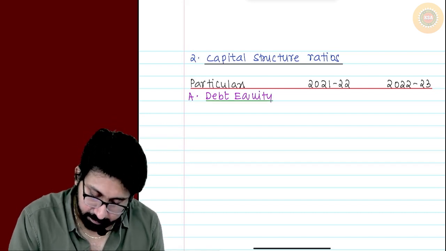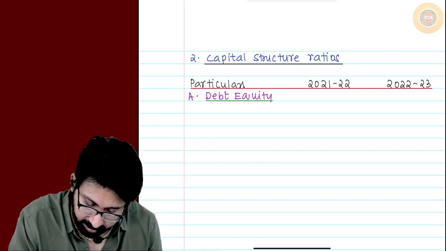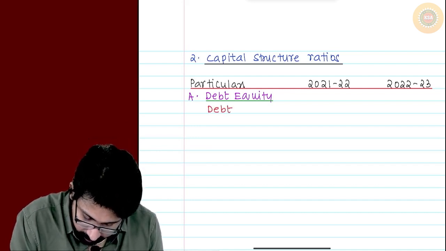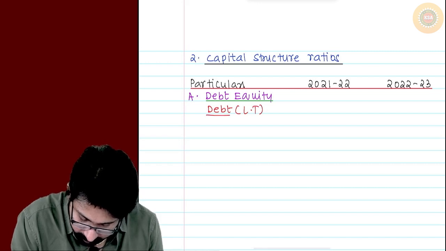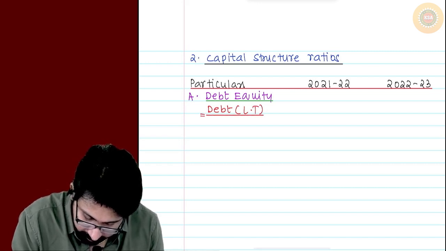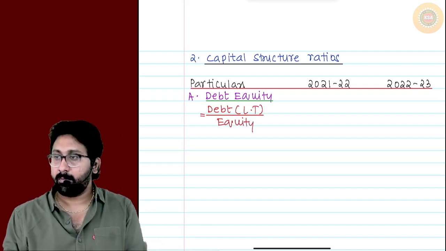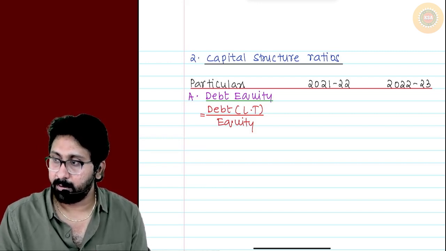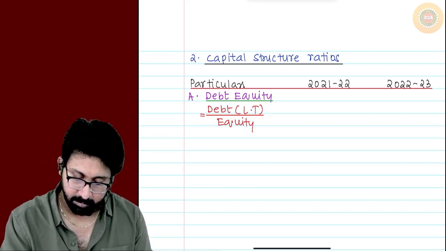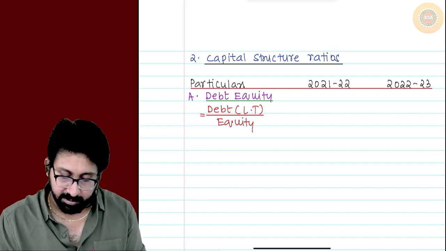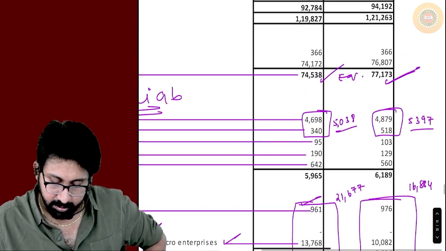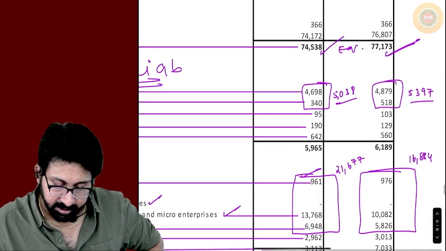First, everyone, please spell out the formula for debt equity ratio. Long term debt divided by equity. Please tell me the answer. See here, see the screen. Debt means we have to take which debt first?